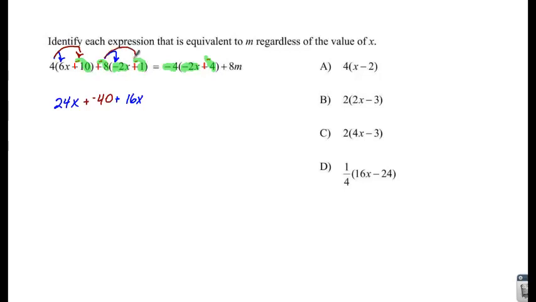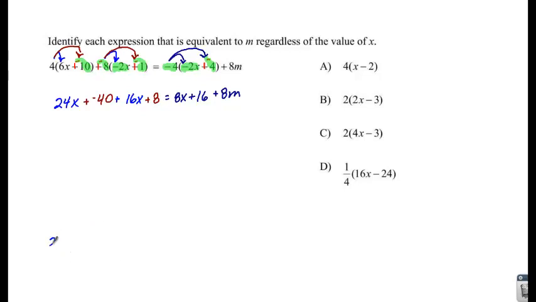Negative 8 times negative 1 is plus 8. On the other side, negative 4 times negative 2x, positive 8x. Negative 4 times negative 4, positive 16, plus 8m.